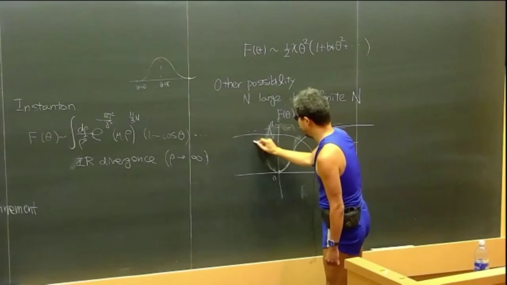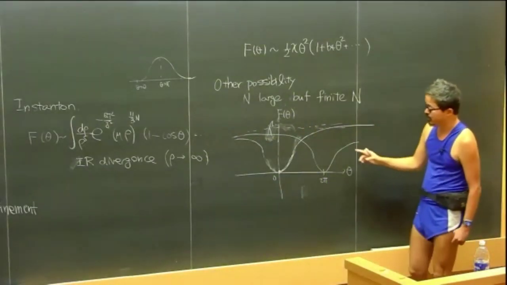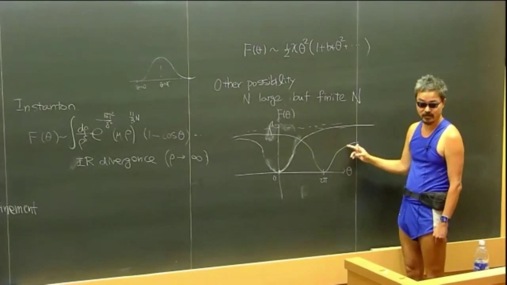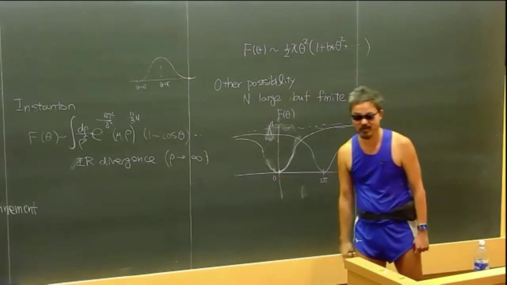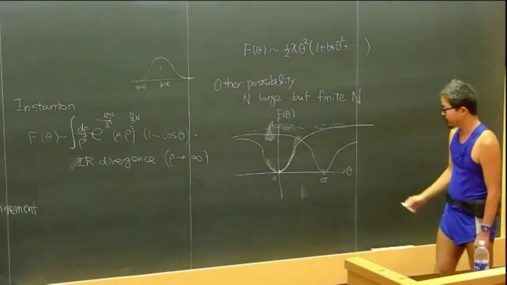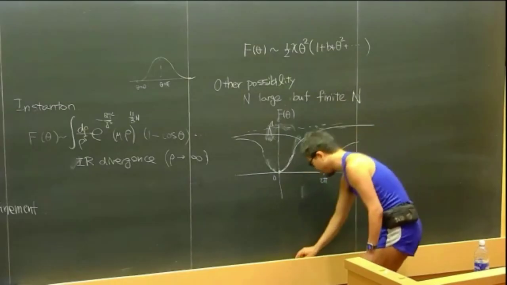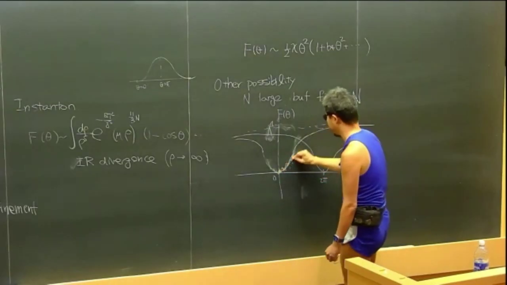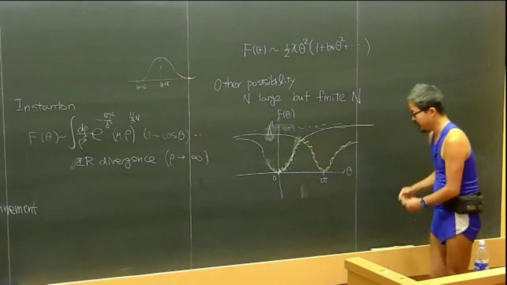All right. So what happens here is that there are multiple branches, and of course, if you go back to the Lagrangian, obviously it's 2 pi periodic. So if you want to, for example, look at the minimum energy state, you should look at this branch. In fact, there are multiple branches.